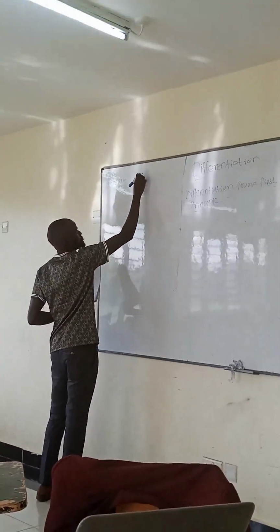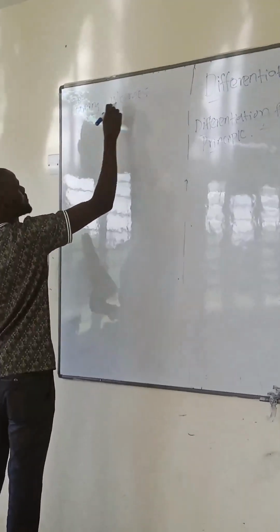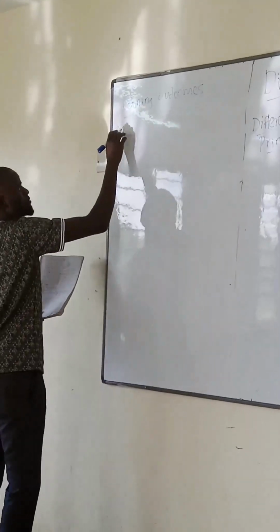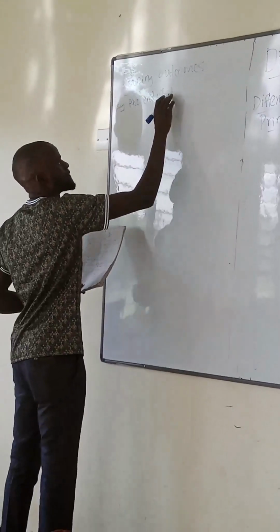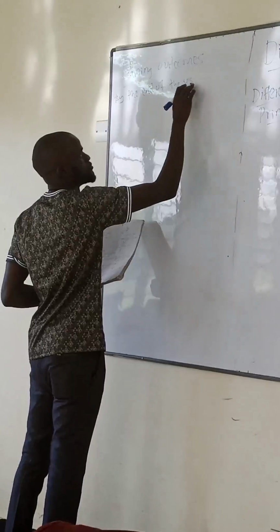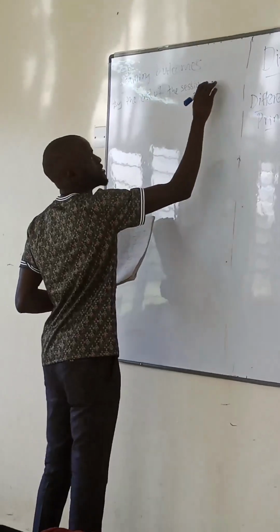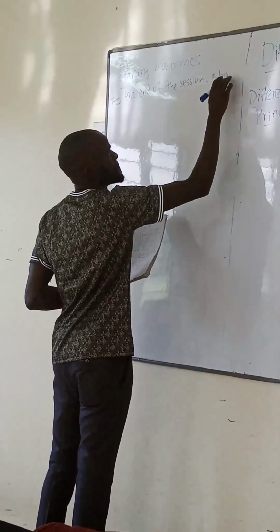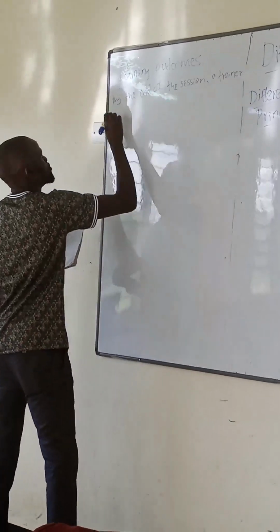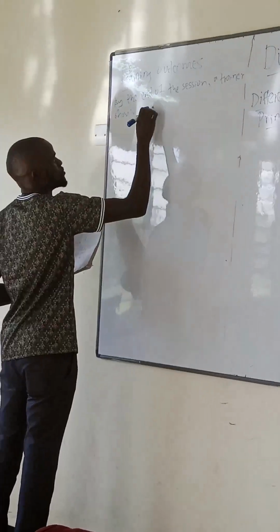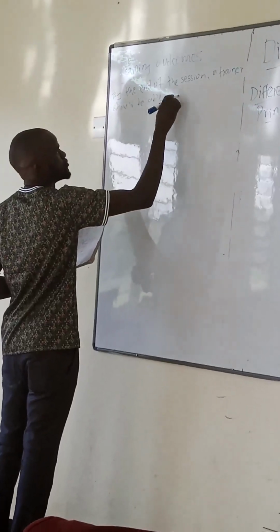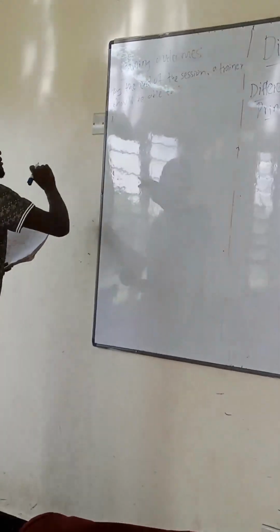These learning outcomes help you as a trainer to know specifically what you have to understand at the end of the session. By the end, the trainer should be able to, one, these are the outcomes.